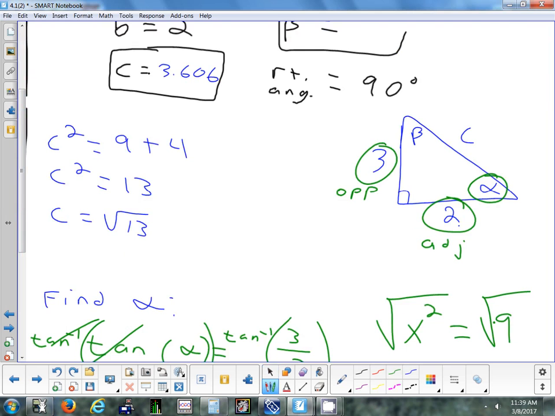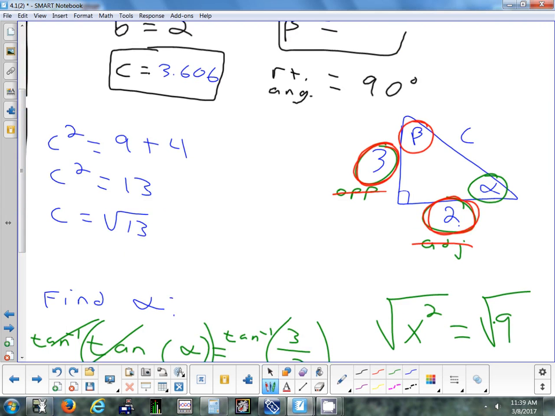Okay, so I'll circle the two things I was given. I'll just use a different color. And what I want to find. Now, these names no longer apply because you're not using the same reference point anymore. You've switched your angle. So now, what is the side that's 3 units long compared to beta?